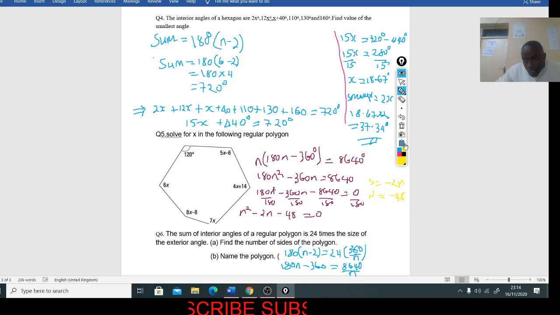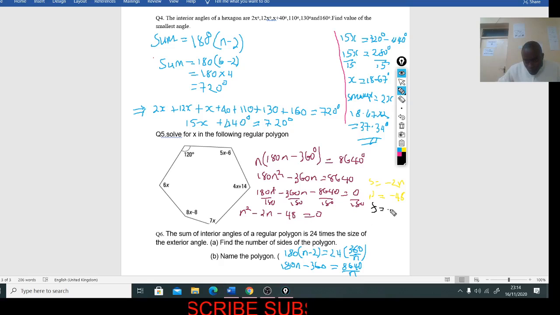Now the factors we can use here: remember, negative 8 plus 6 gives you negative 2, and negative 8 times 6 gives you negative 48.